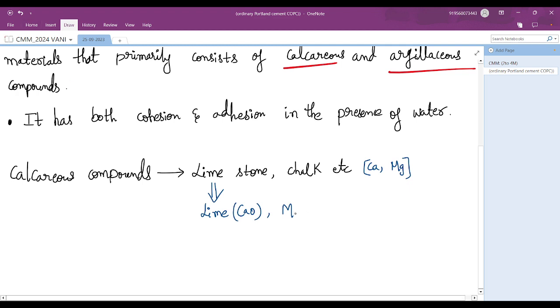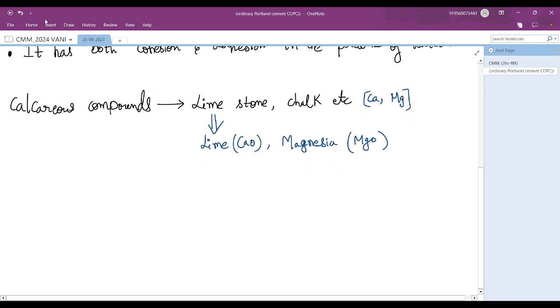So the ingredients that can be extracted from the calcareous category for manufacturing cement are lime and magnesia. The next category is argillaceous.